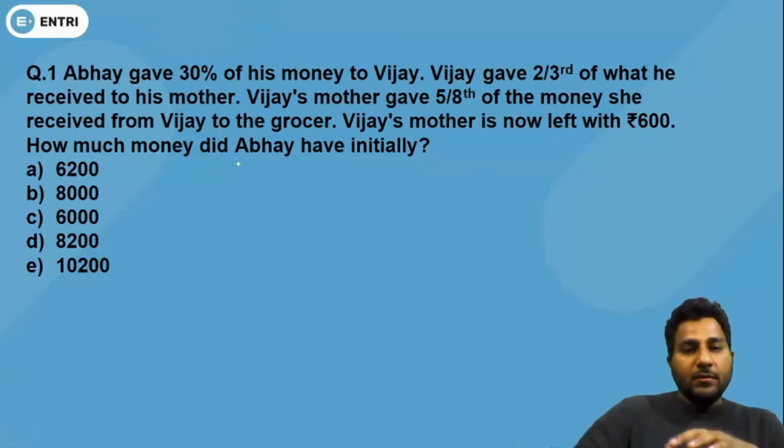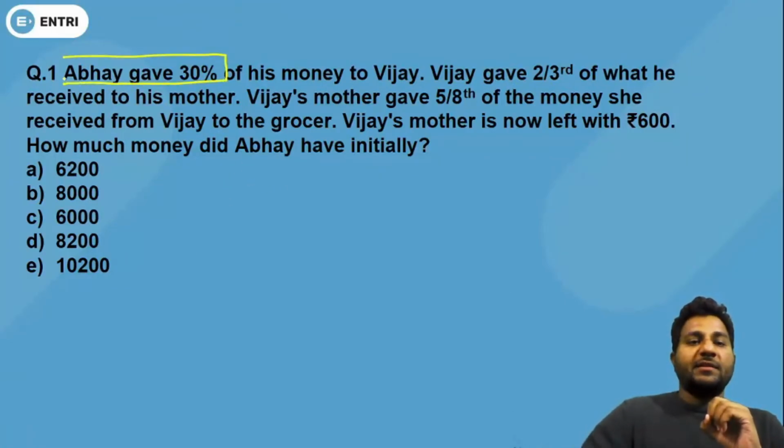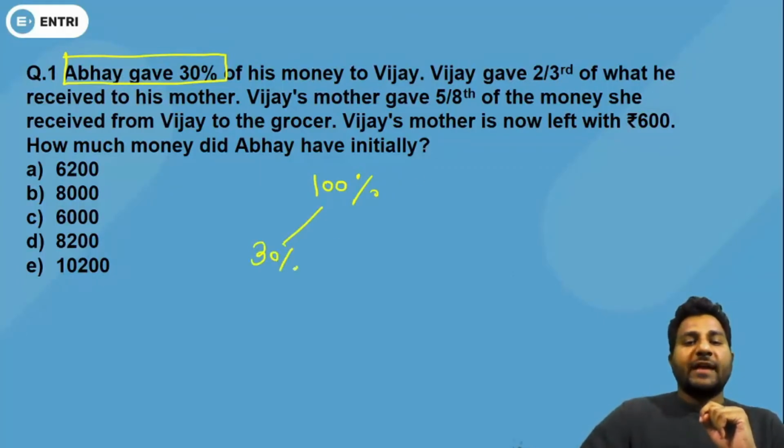That means the money started with Abhay. So Abhay had 100% money. Abhay gave 30%, so the remaining is 70%. Abhay gave 30% to Vijay.